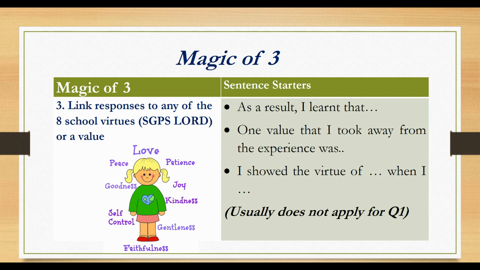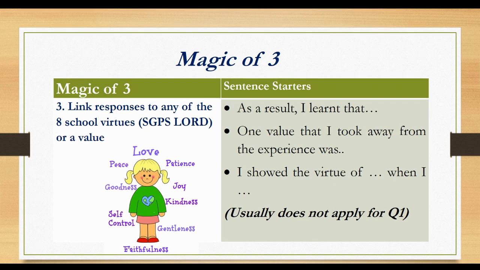I think these are the ones that you can commonly use in your oral exam. Some sentence starters: as a result, I learned that; one value that I took away from the experience was; or I showed the virtue of blah blah blah when I blah blah blah. Okay, again, it doesn't really apply to the first question.